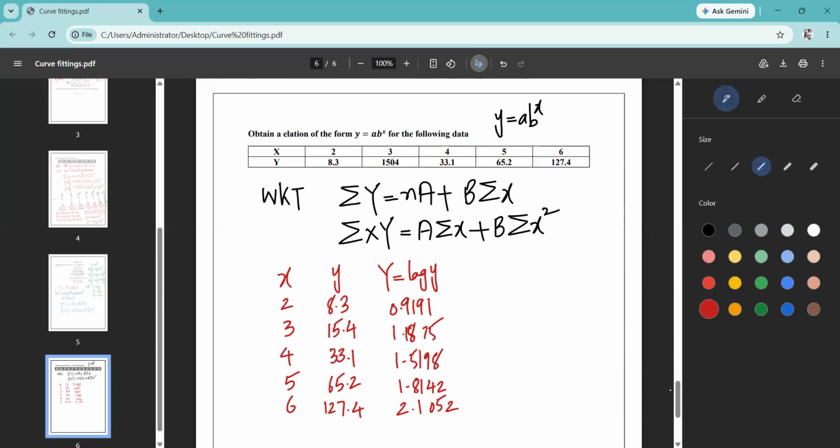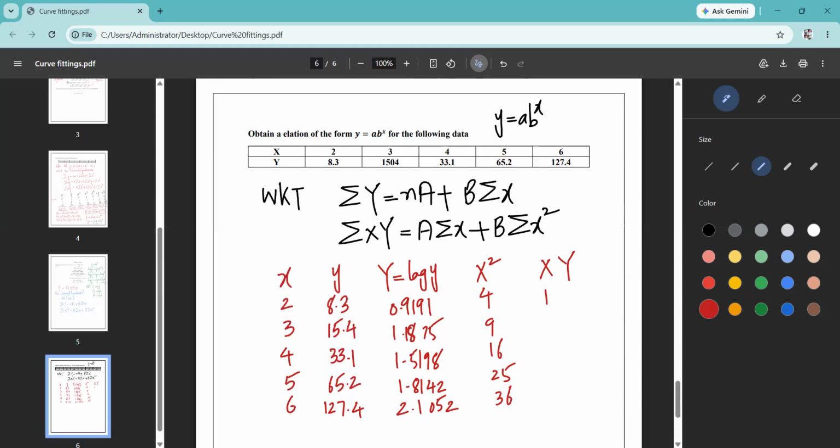After that we require capital X, that is X square. Small and capital, no problem. 4, 9, 16, 25 and then 36. Then X into Y: we have to multiply X into Y. This is 2 into 0.9191.